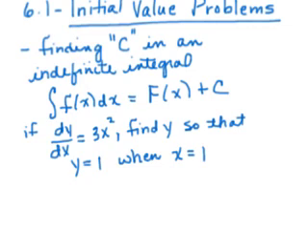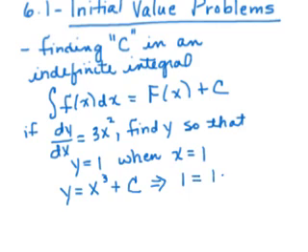So the antiderivative of 3x squared is x cubed, and then we have to add c, and then what we're going to do is substitute in the point 1, 1. So 1 is equal to 1 plus c, and then c is equal to 0, and our answer just would be y is equal to x cubed.